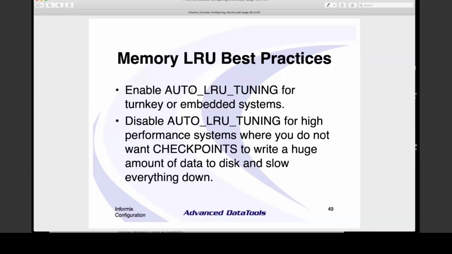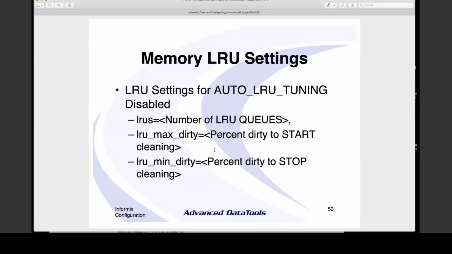So if you have a turnkey or an embedded system, auto LRU tuning is fine. If you have a high performance OLTP system, you want to turn auto LRU tuning off and set your LRU queues. And the LRU max and min is what percent to start cleaning, what percent to stop cleaning.